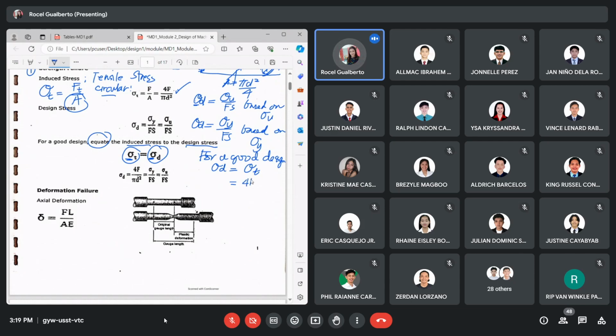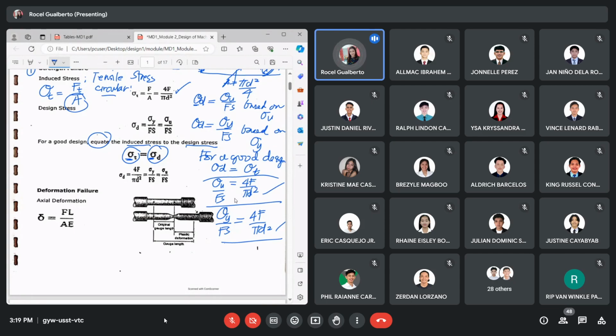And then, ano po yung design stress? If it is based on ultimate, then this would be sigma u over Fs. Kung siya naman po ay based on yield, then that would be sigma y over Fs equal to 4F over pi d squared. Alin lang po dito sa dalawa, yun po yung ating gagamitin.